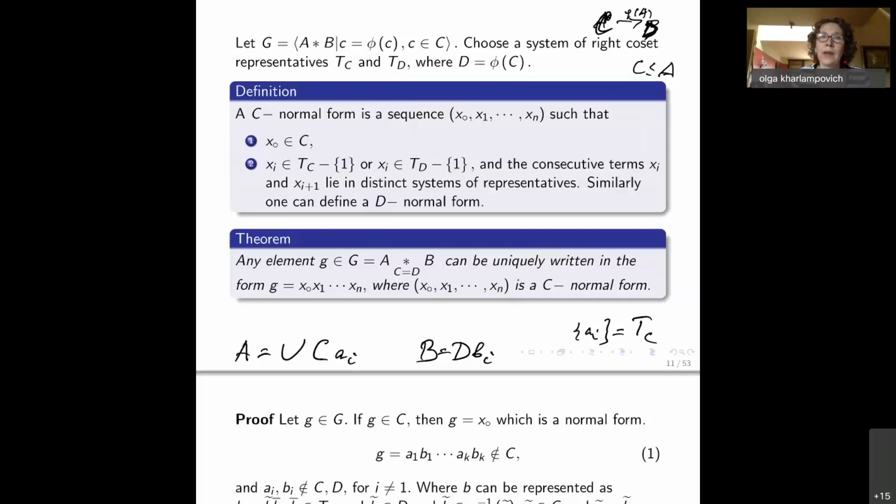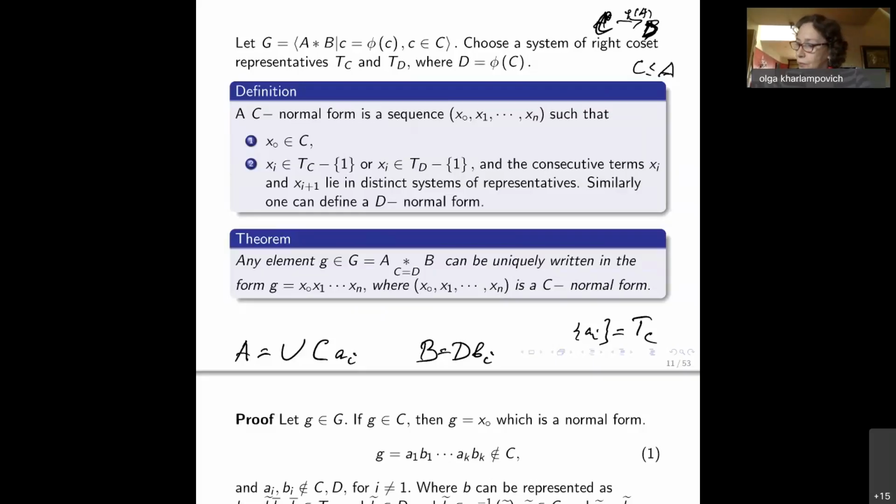And actually, a free product can be considered as a special case of an amalgamated product, if the group C is trivial. If C is trivial, then we just get a free product of A and B. But if C is non-trivial, there is still a normal form, and every element can be uniquely written in this normal form.